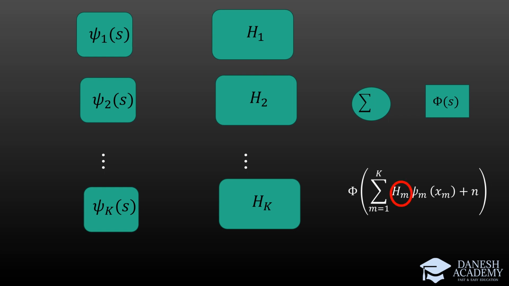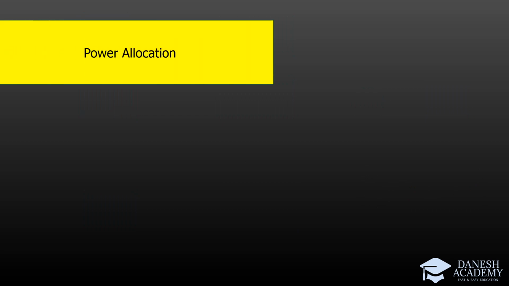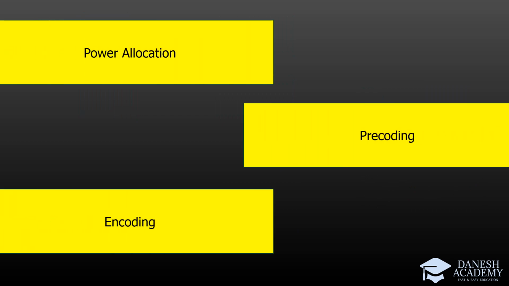However, as can be seen, fading and noise are two destructive factors, so it is essential to tackle these effects by employing further processing units. For example, using suitable power control strategies, pre-coding techniques, and encoding the pre-processed data before transmission.